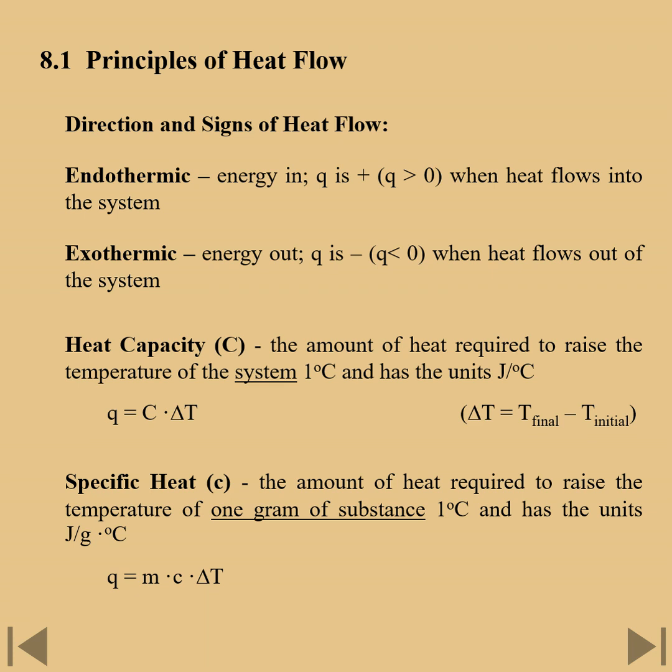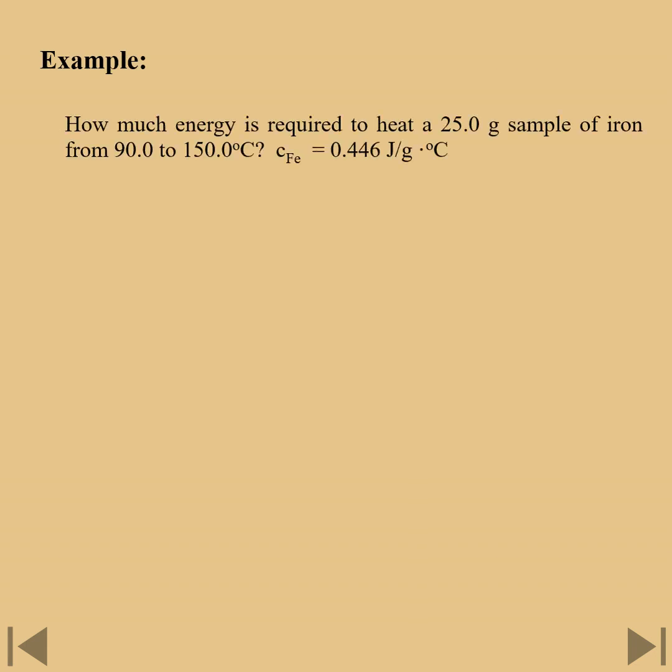Well, the nice thing about specific heat is it's per 1 gram of that material. So we have specific heat for water, specific heat for pretty much any element, many compounds, etc. And so this gives you a constant for that particular subject. Whereas heat capacity is just to your own system.